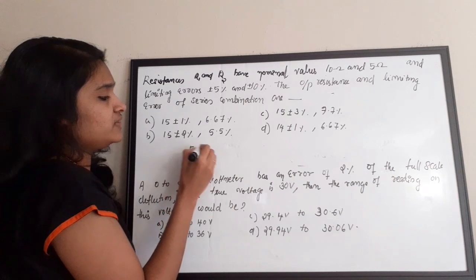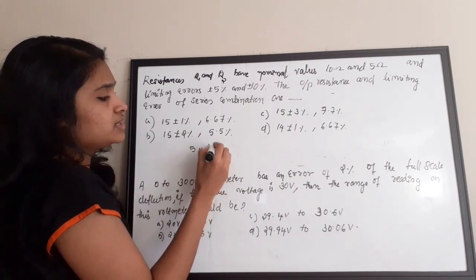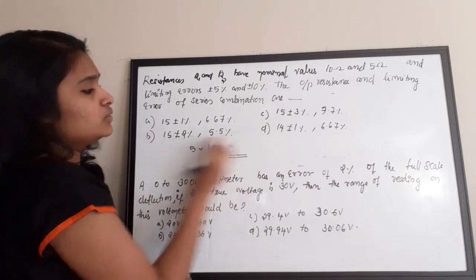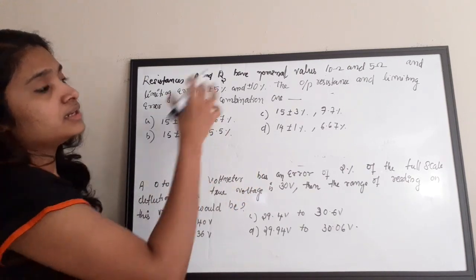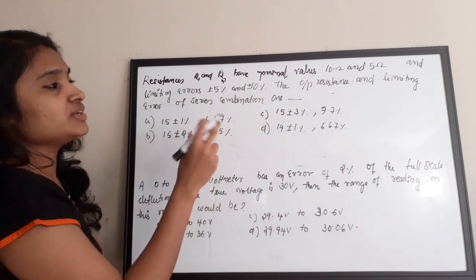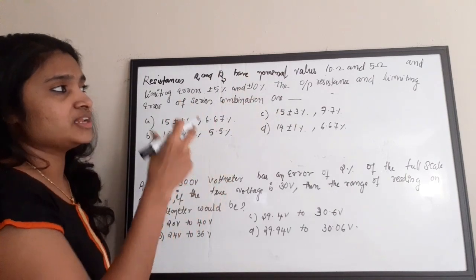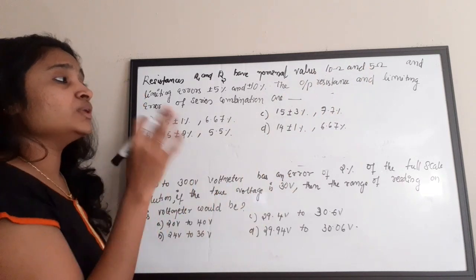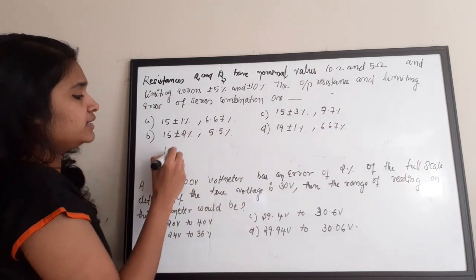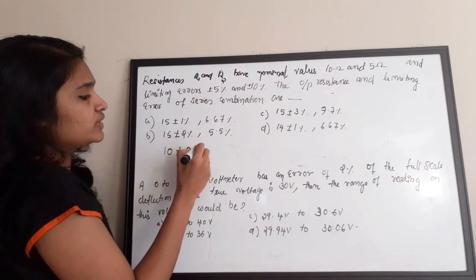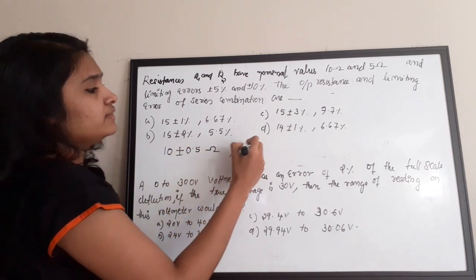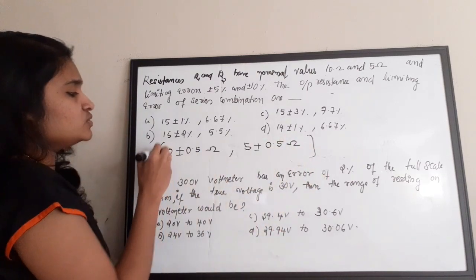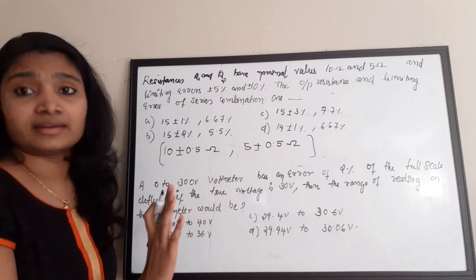So it is 5 into 10 by 100, which is again 0.5 ohm. Now we can write the resistance values, 10 ohm and 5 ohm, by including the errors: 10 plus or minus 0.5 ohm and 5 plus or minus 0.5 ohm. These are the values of the resistors including the error.